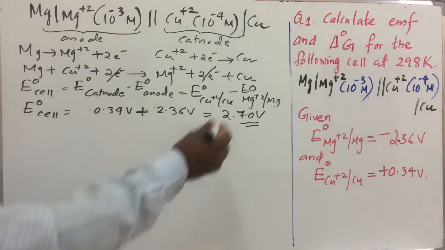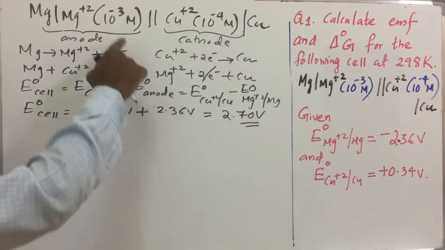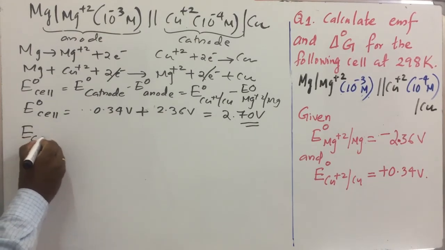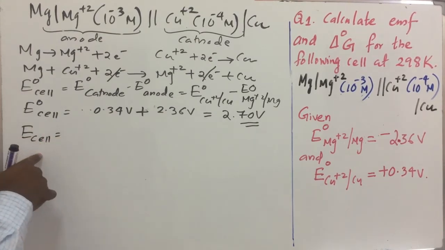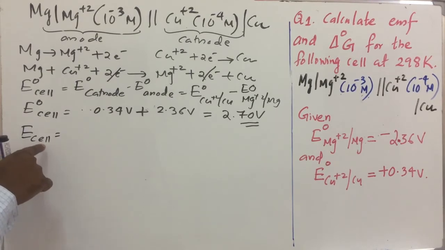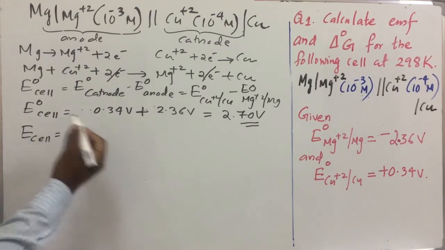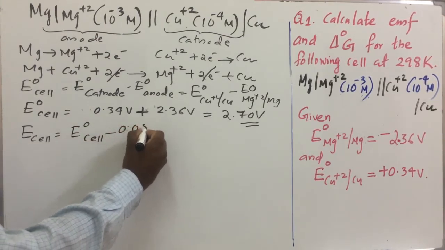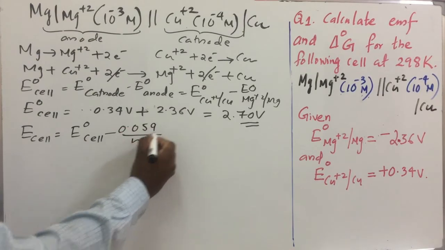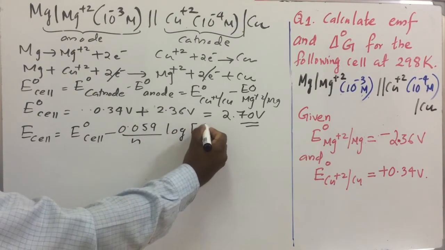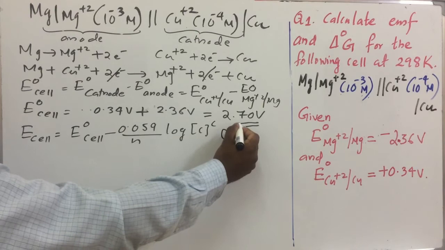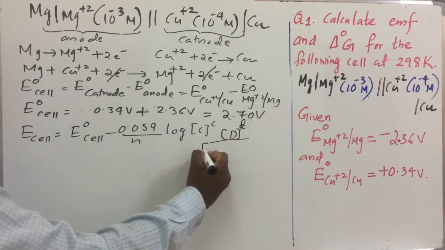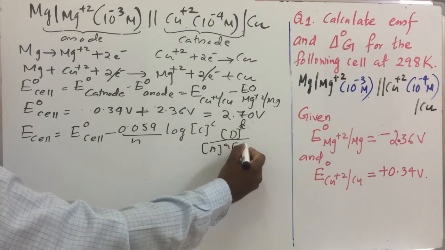Now we can calculate the cell EMF at this concentration by using the Nernst equation. What is the Nernst equation? The cell EMF or cell potential at any concentration is equal to E0 cell minus 0.059 by n log of [C]^c [D]^d over [A]^a [B]^b.